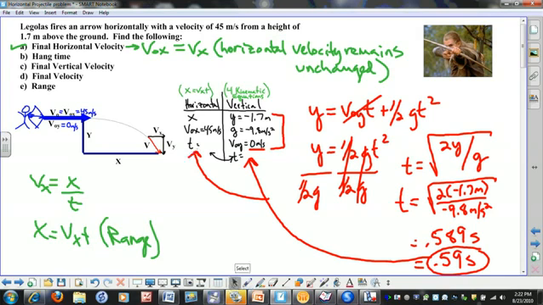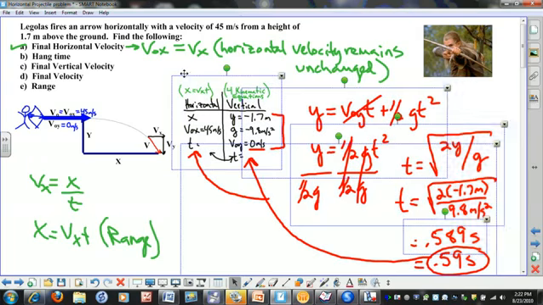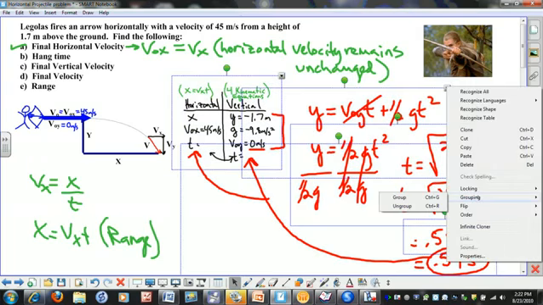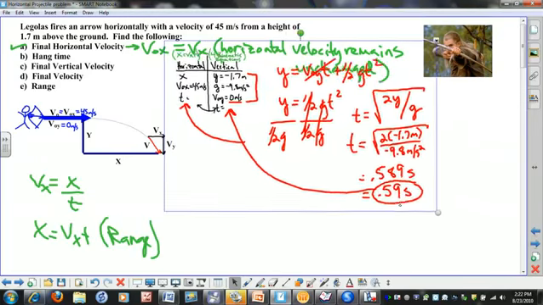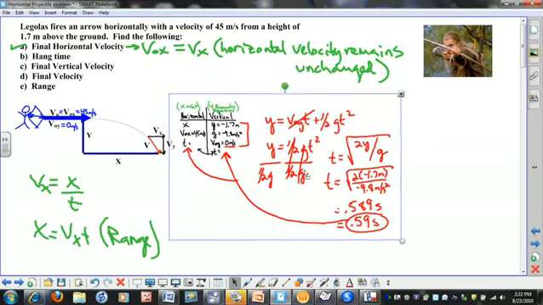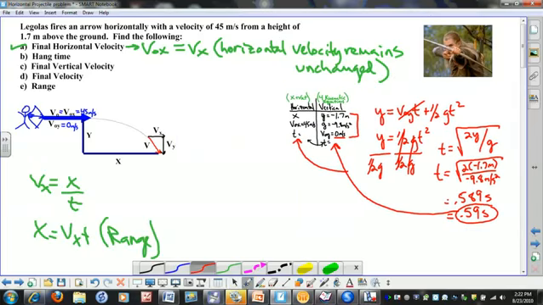We're almost done. Now all we want to do is solve for the range. So I'm going to group all this together, shrink it down one more time, and bring it over here. Now what we want to do is take the t and the v naught x, and solve for x over here.